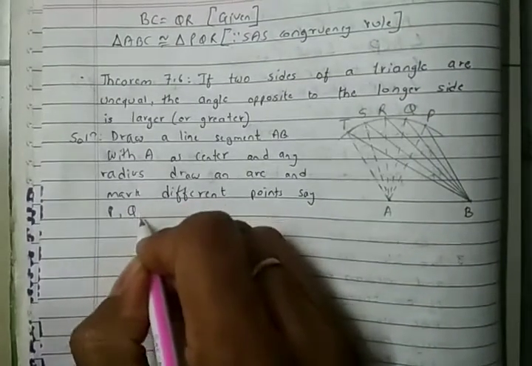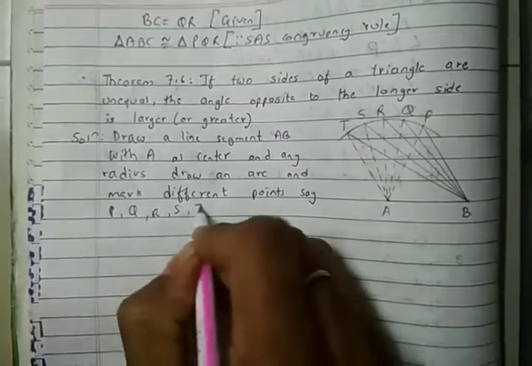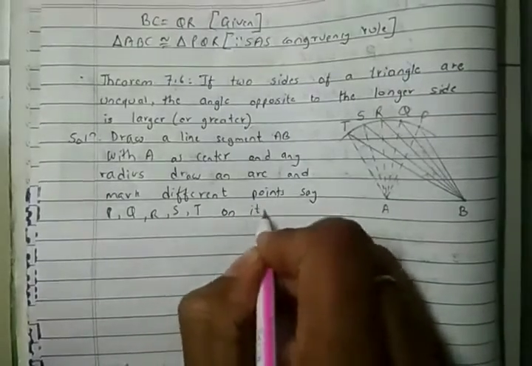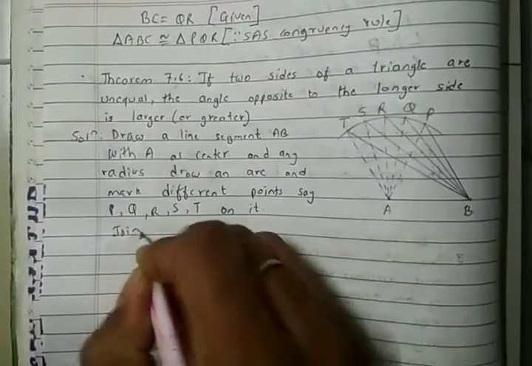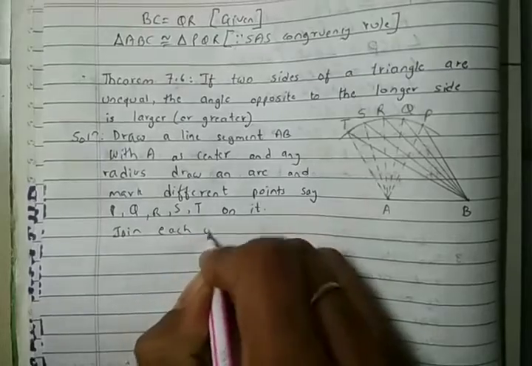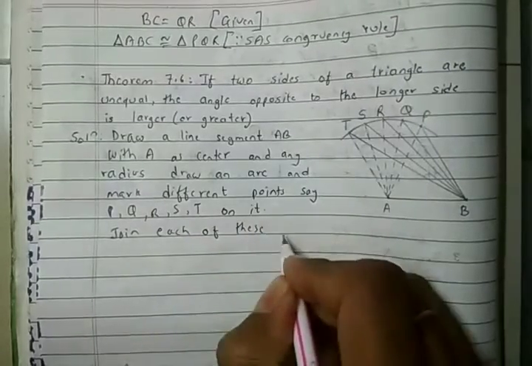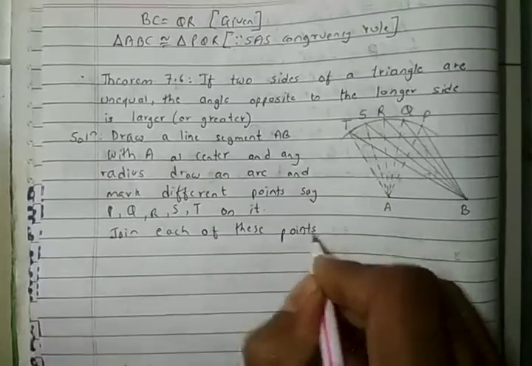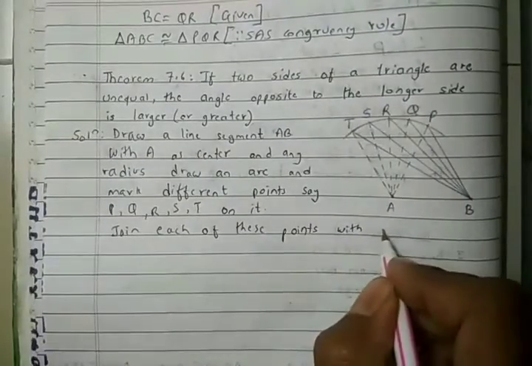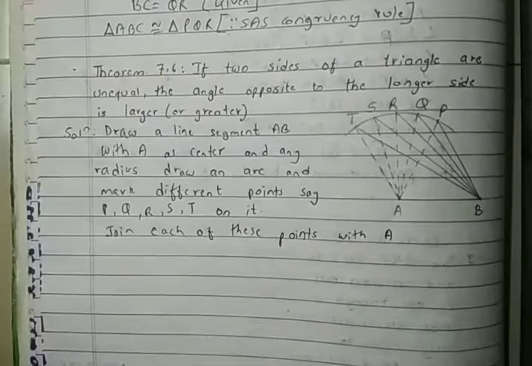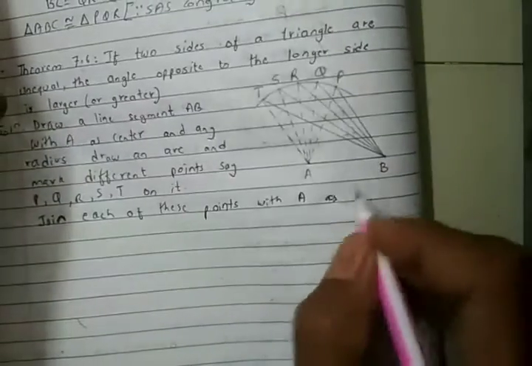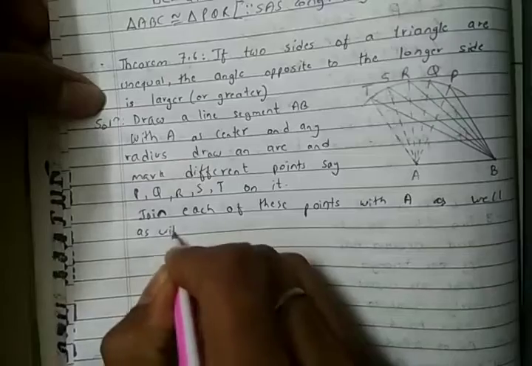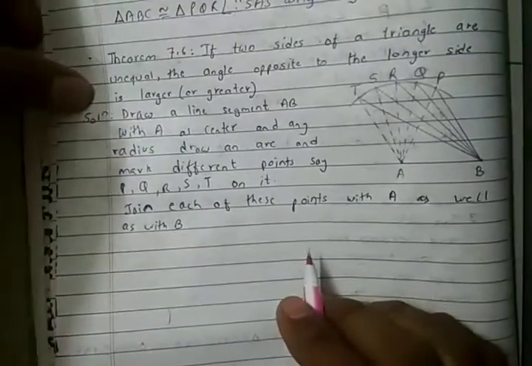You can name them P, Q, R, S, T. Now join each of these points with A, as well as with B. You have to join them.